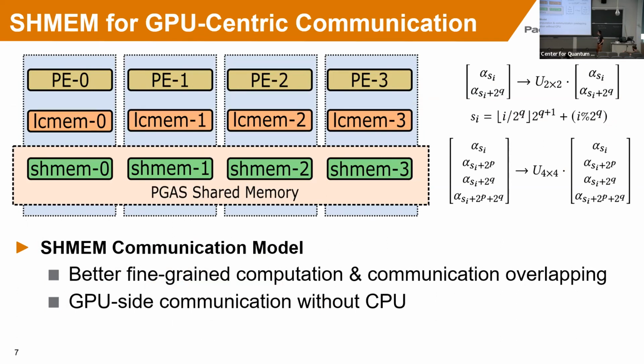The nice thing about this shared memory communication model is that it can provide very fine-grained communication and computation overlap. Especially NVSHMEM and ROCSHMEM provide a way of performing GPU-side communication without any CPU intervention, to avoid the high cost of data movement between the CPUs and GPUs.